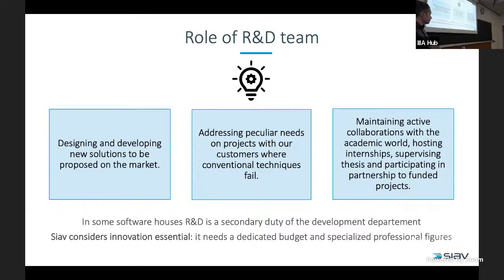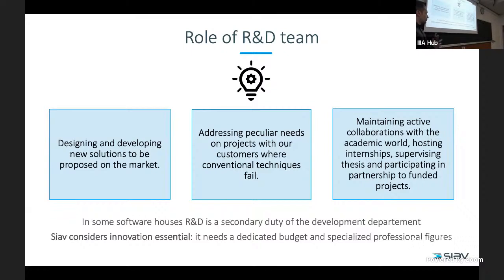This is where conventional techniques fail. For example, you can't deal with a problem in a deterministic way, and you have to use machine learning models and this kind of stuff that usually are not used by the development department. So we have to know many technologies that we see briefly in the next slide.